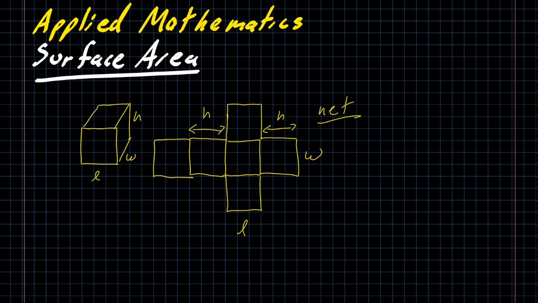This will also be the height, and then this will also be the length. Take a couple of minutes staring at that, make sure that that makes sense to you. It might be helpful to literally grab a piece of paper, cut out a shape that looks like this, and curl it up to see how it works.